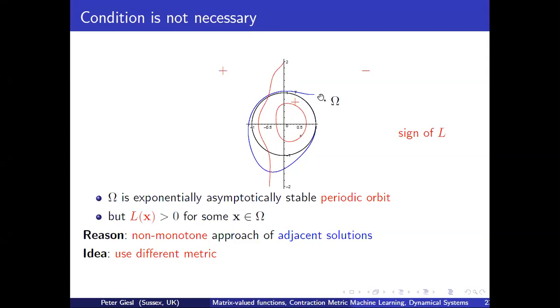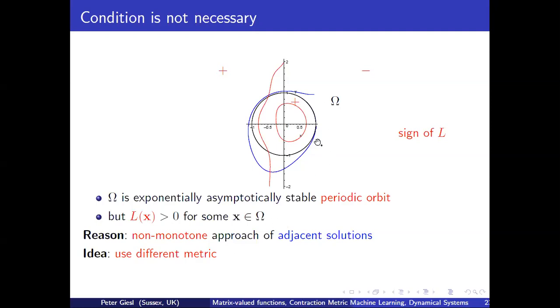So what does it mean to be negative? Here it's negative, so for an adjacent solution, blue here, the distance will contract. Here it's positive, so it will expand the distance, and here it's going to be negative again, it will contract more. So you have some areas along the periodic orbit where it's contracting, expanding, contracting, but if you go overall, you can clearly see the distance is contracting. L of x being negative would mean it's contracting everywhere.